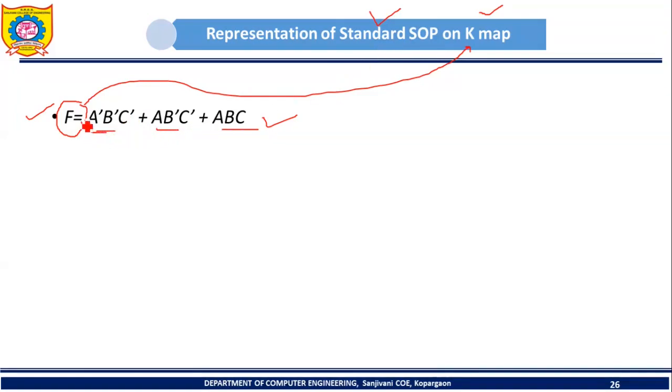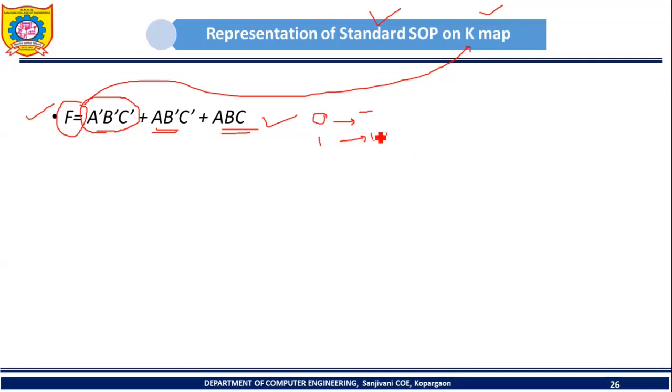Then min term is a product term. So I can say that this is a min term, this is a min term, this is a min term. Then in case of min term, 0 means, very important, complemented form, and 1 means uncomplemented form of the variable.